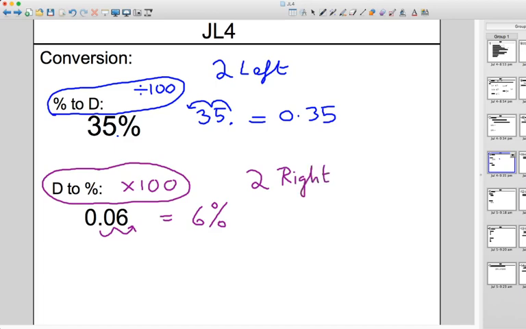So I'll give you another one. Let's say I had 3.4 as a decimal and I wanted to find out what that was as a percentage. I'm going to shift this along twice, which will give me 340%. 340% is 3.4 as a decimal.